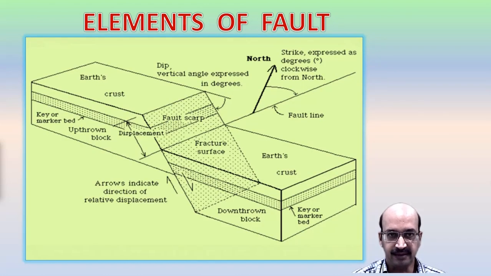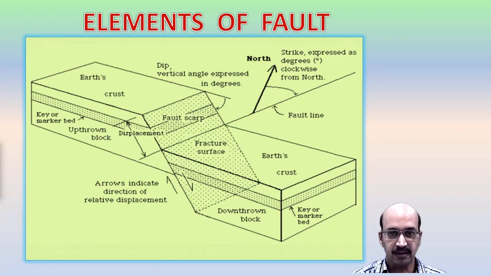This is another beautiful block diagram which illustrates various elements of a fault. We can see the upthrown block and the downthrown block over here. We can see a marker bed which has been displaced due to this fault. We can also observe the angle of dip or the dip of the fault plane as well as the fault scarp.